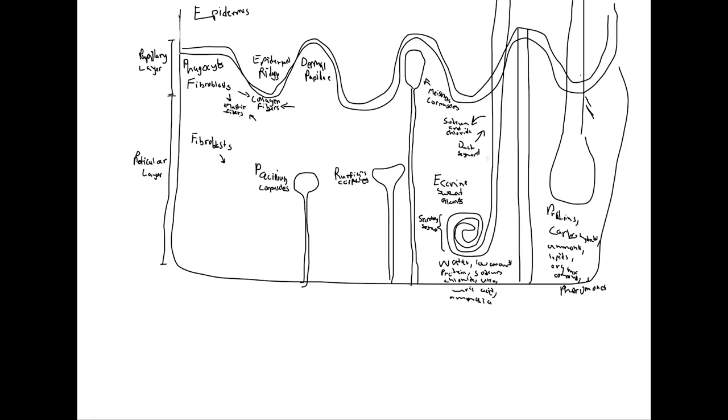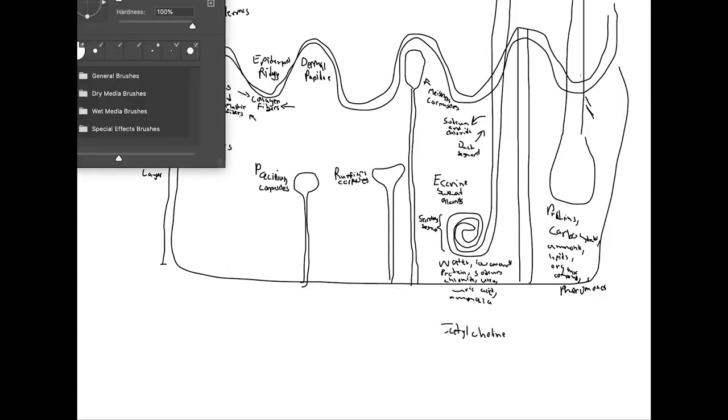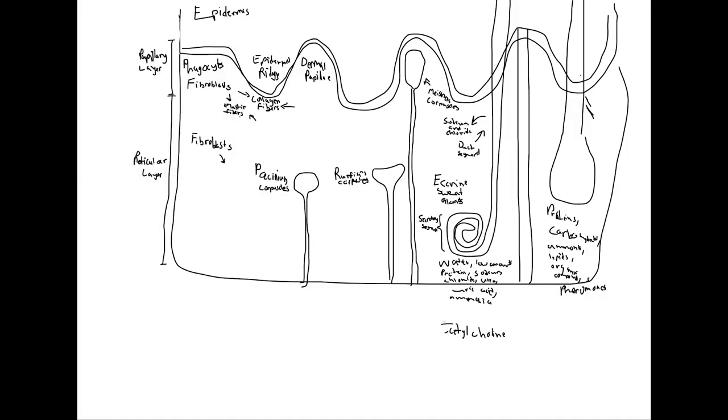Okay, so how is sweat really regulated? Well, the eccrine sweat glands are going to respond to acetylcholine. That A doesn't look like an A. Okay, acetylcholine.